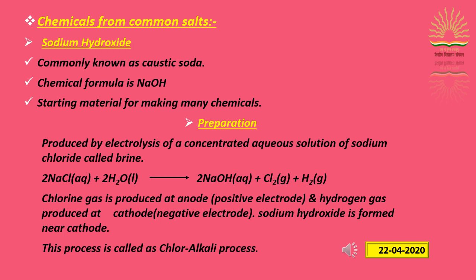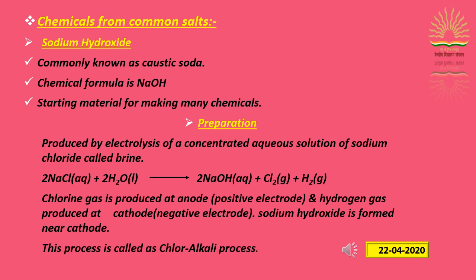In this, the reactant is brine, and when electricity is passed through it, electrolysis occurs, due to which breaking of the bond in NaCl takes place. By this process, we get chlorine gas at the anode, which is the positive electrode, and hydrogen gas is produced at the cathode, which is the negative electrode. NaOH is produced near the cathode.